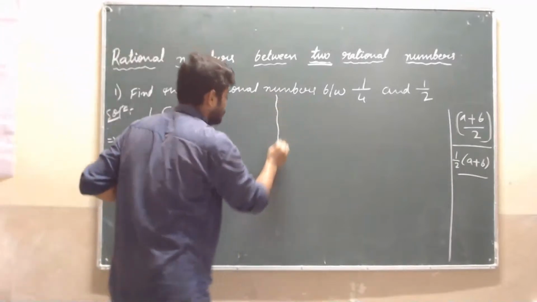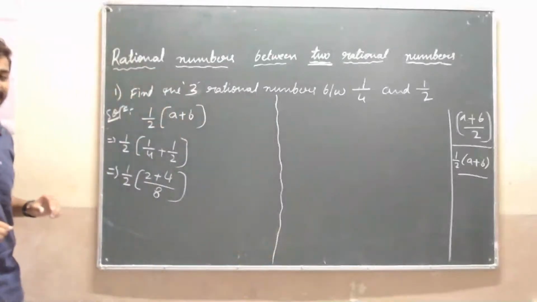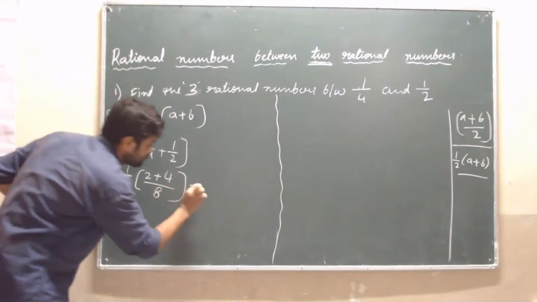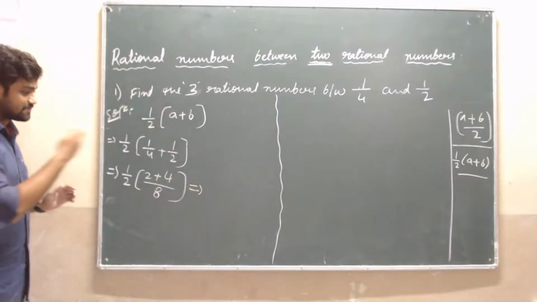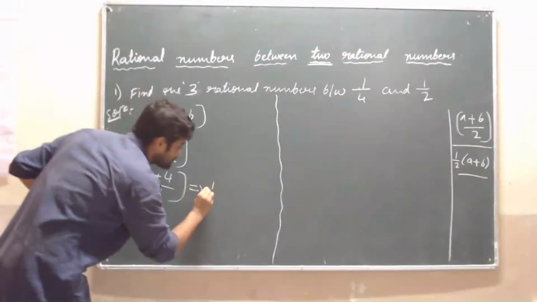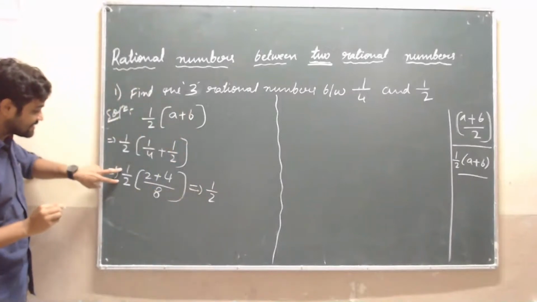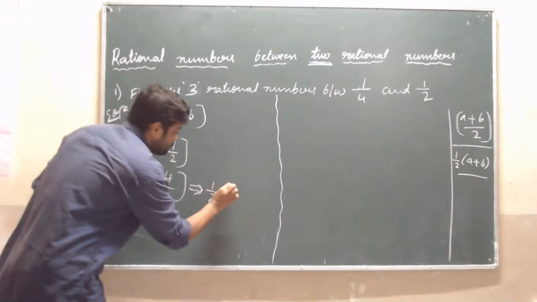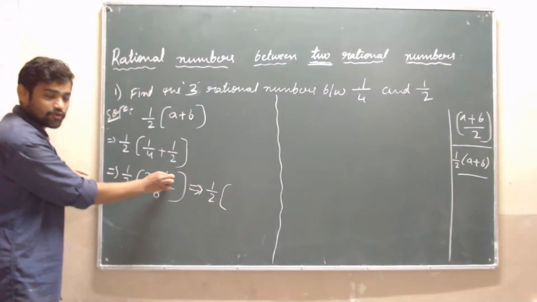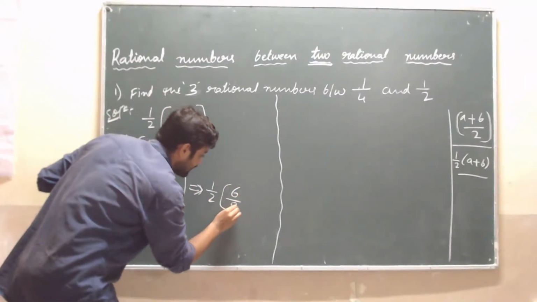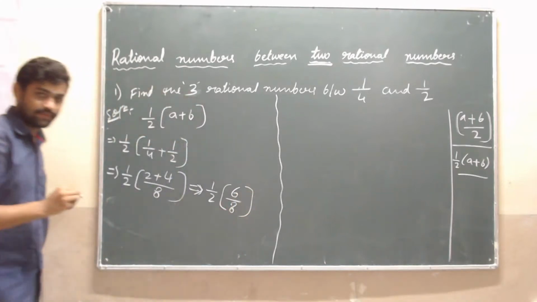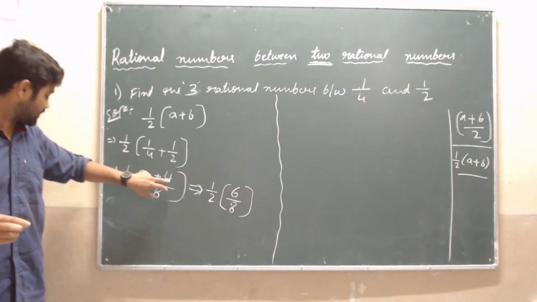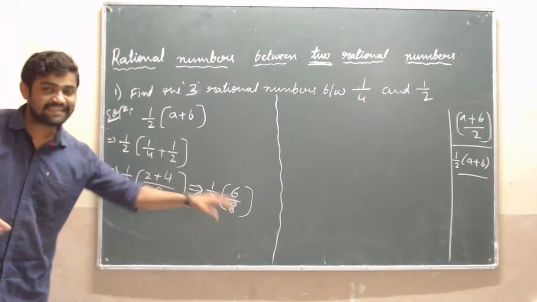Then we have the next step, I will write it here only, otherwise it consumes more space. 1 by 2 as usual, as it is, then we have 2 plus 4 is equal to 6 by 8. Isn't it?